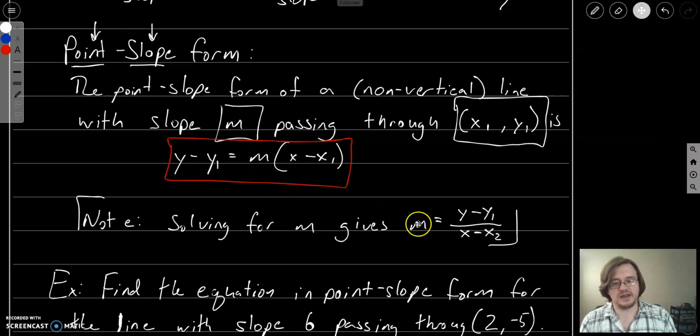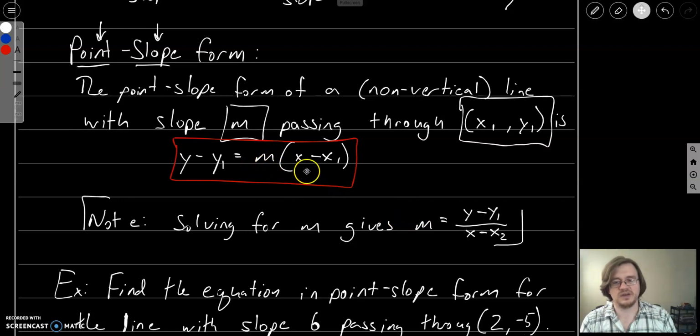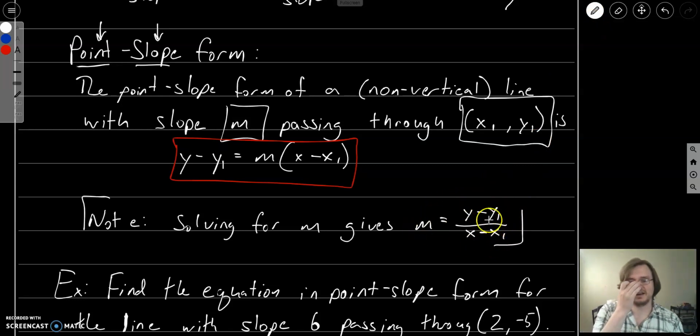If we solve for the slope m, I'll just divide both sides by x minus x1, and this is meant to be a 1 here. And what we have looks a lot like the original formula for the slope, which is going to be the rise, how much y changes, over how much x changes, the run. So this is where this formula comes from. It comes directly from the formula for slope.